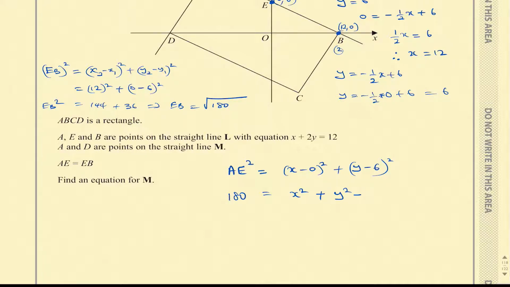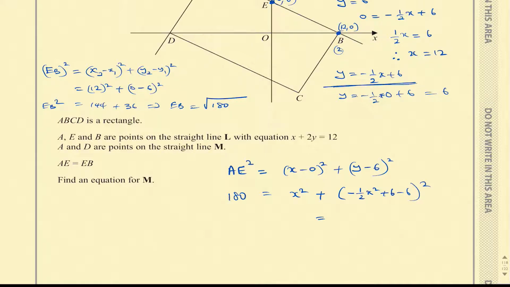Y is minus a half X plus 6. So let's put that back in here. So I'm going to write X squared plus, in brackets, minus a half X plus 6 minus 6 all squared.